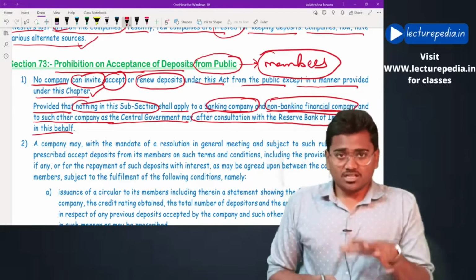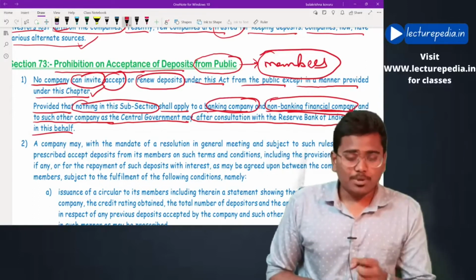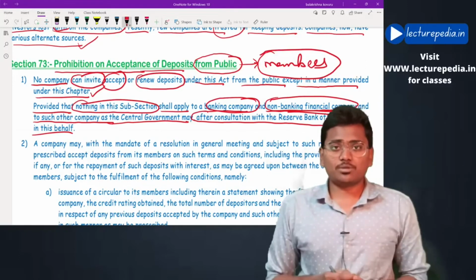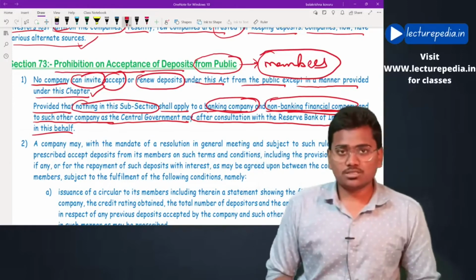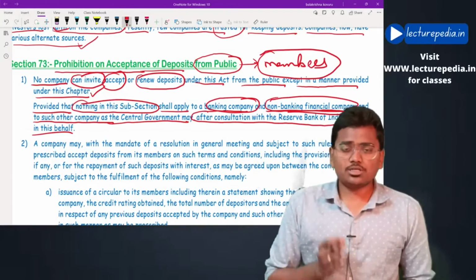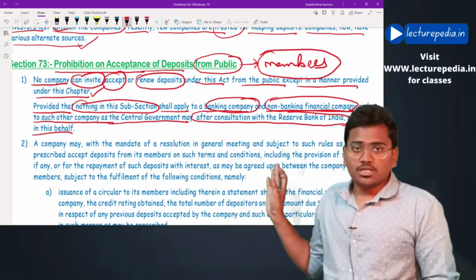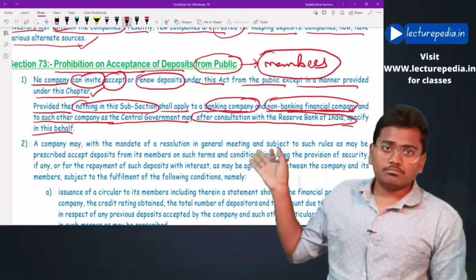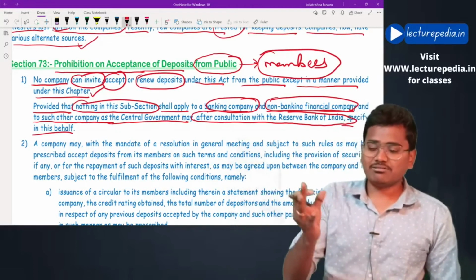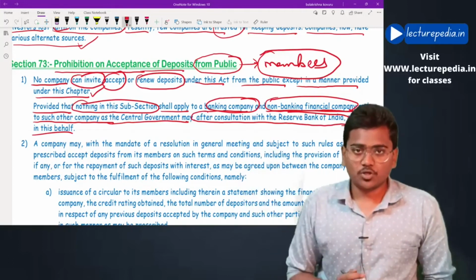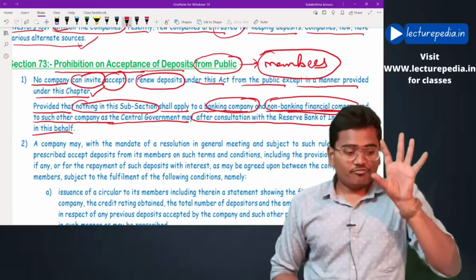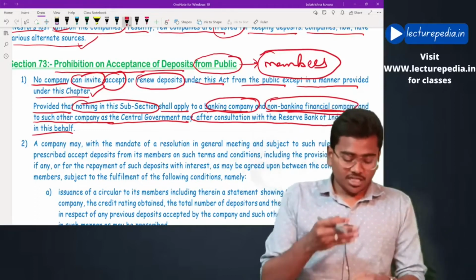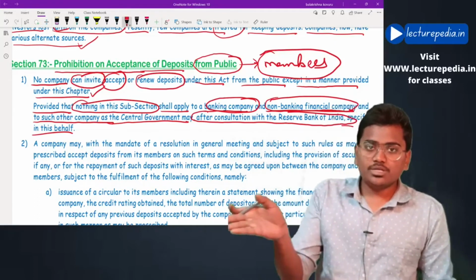Okay, if you prohibit these banks from raising deposits from the public, or if you keep more stringent rules, you are saying to the banking company that if these deposit sections, from section number 73 to 76A, were applied on the banking company, then for raising deposits from the public, it needs to obtain a general meeting ordinary resolution.